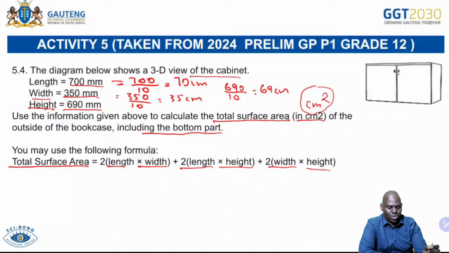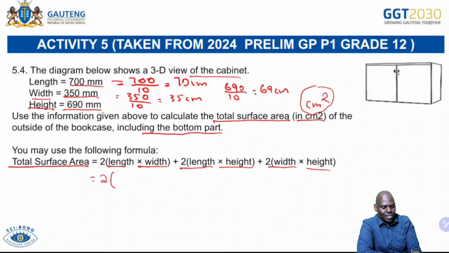We can do the substitution. This will be easier. So we say 2 open bracket, the length, which is 70, multiplied by the width, which is 35, plus 2 open bracket. The length is still 70, and the height is 69.